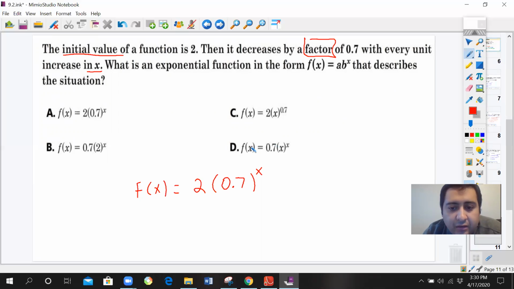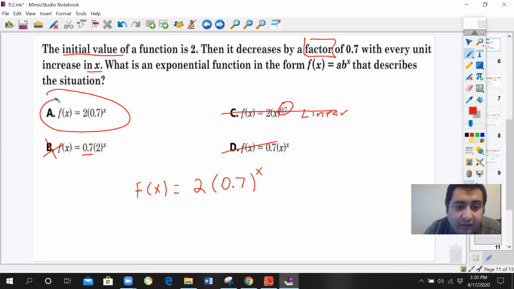So technically, we could eliminate this. We have 0.7 as an exponent, and we have x not as an exponent. This is a linear function, so this is out, basically. If we observe that 0.7 is not your initial, so we're left with letter A, okay?